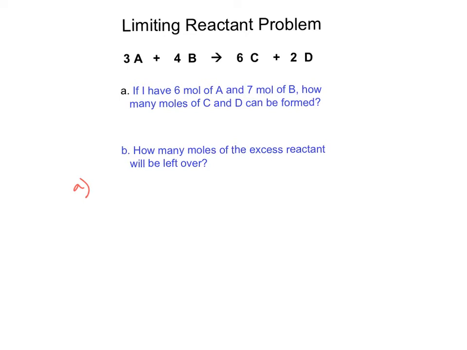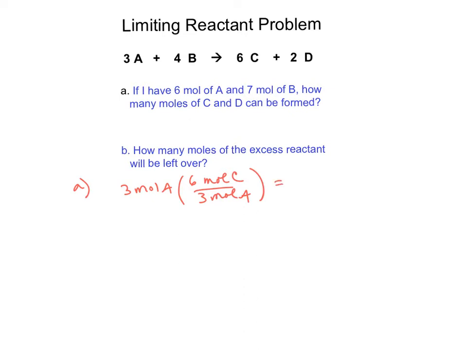So we're going to calculate C twice, and we're going to start with 3 moles of A. The ratio is 6 moles of C for every 3 moles of A. Those are the coefficients.